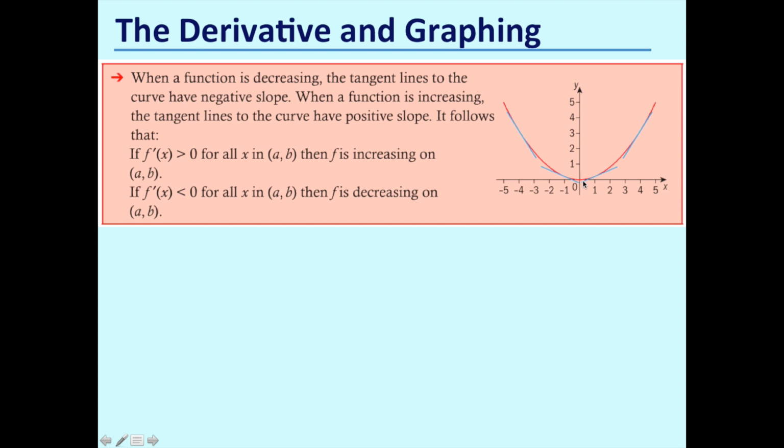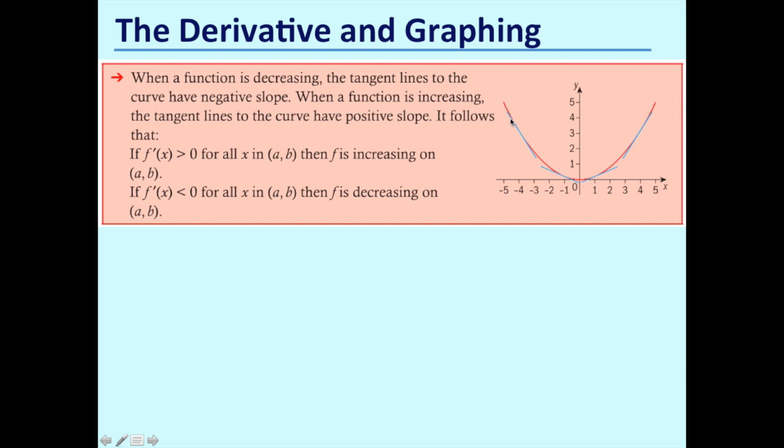We can actually establish the type of stationary point, whether it's a relative maximum, relative minimum, or indeed something else, by looking at what's happening either side. So we need to understand the concepts of increasing or decreasing, where the slope is negative.